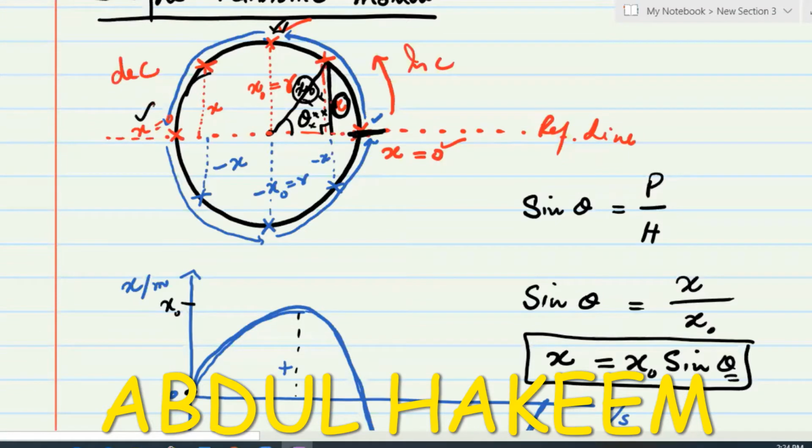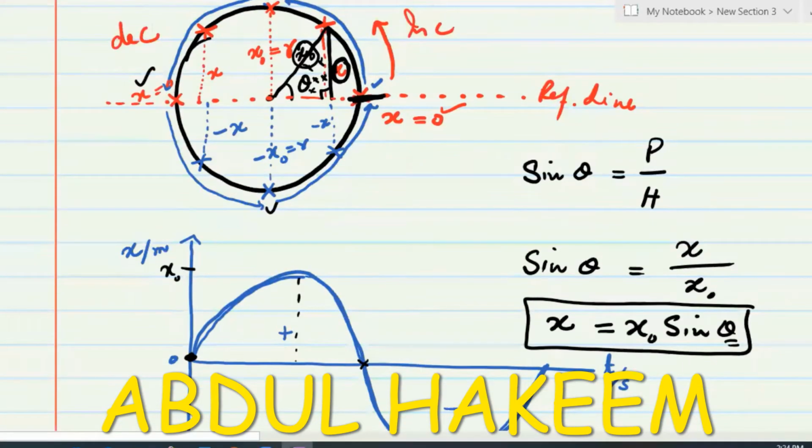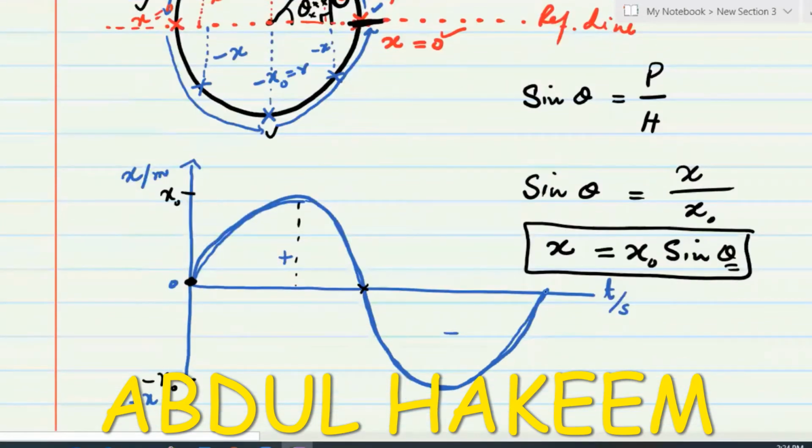When we are here, angle 180 from the starting position, so sine 180 is 0, so it becomes 0. Then at this point, the angle is 270, sine 270 is minus 1, so it becomes minus x naught. So this is maximum, but minus x naught. And then finally, full rotation 360, sine 360 is 0, so x is 0. It means 0, 90 degrees, 180 degrees, 270, and 360.